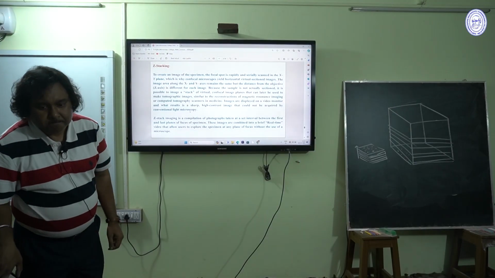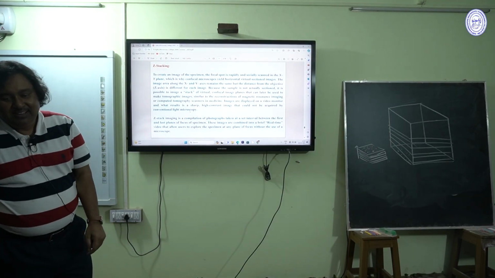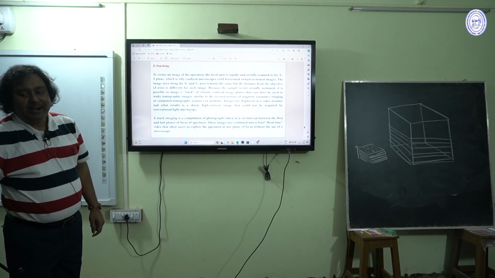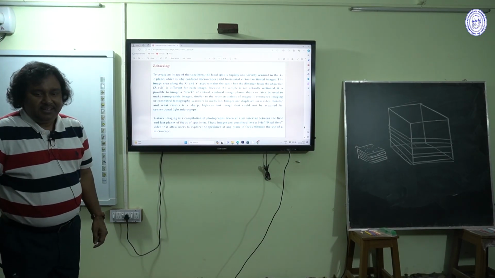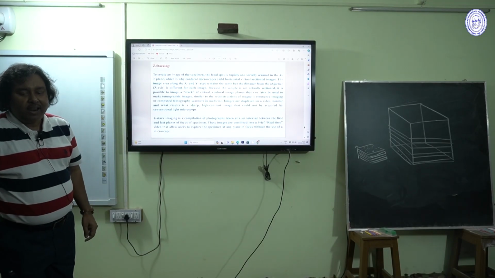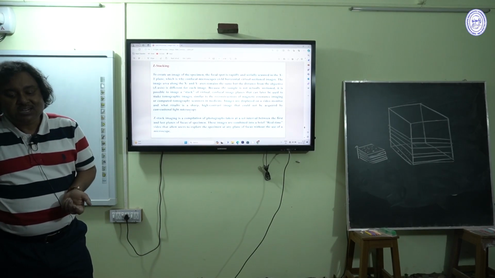Z stacking. To create an image of the specimen, the focal spot is rapidly and serially scanned in the XY plane, which is why confocal microscopes yield horizontal virtual sectioned images.